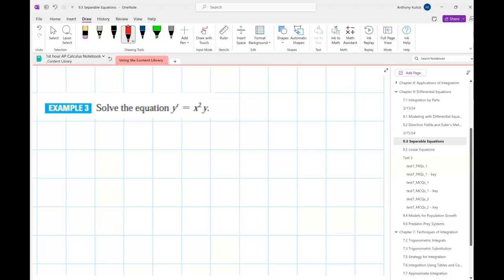Before you freak out about 6.4, which I know the textbook problems are hard, look at the free response questions. Look at the multiple choice questions. Look at what the AP is actually going to ask you to do. It is much easier than the textbook questions. It'll look much more like 1, 2, and 3, where it's like, here's the function, and just find the total.